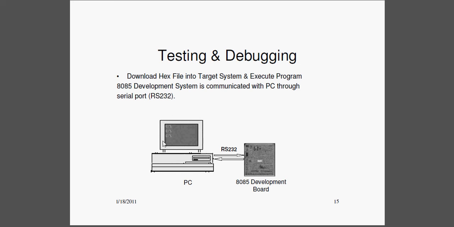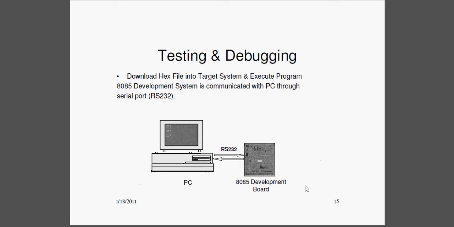The hex file will be downloaded into this 8085 development board, where you will not be using this board for this subject. But this is the fundamental thing that you have to know, because if you go into industry and get involved in a board development project, this is the procedure you have to know after you finish writing the program: connect the board to the PC and download the program into the development board.